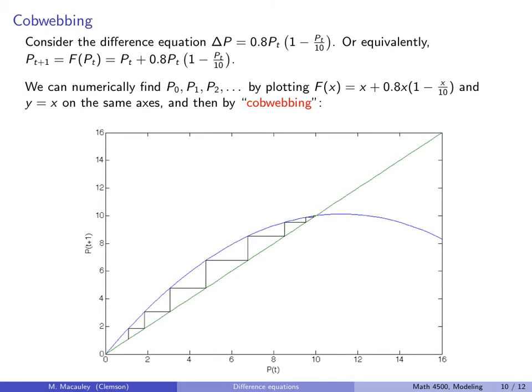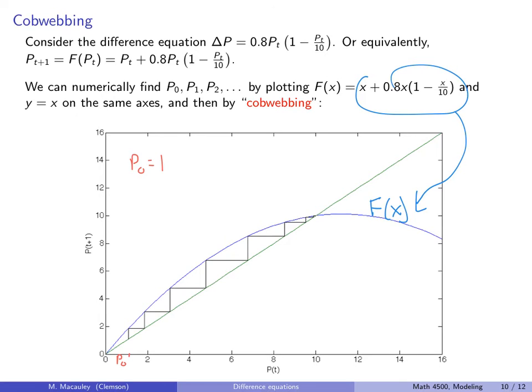So let's suppose that the population on day 0 is equal to 1. So that's down here. Let's say this is P naught. And just to remind you, this curve is f of x, which is this thing right there.